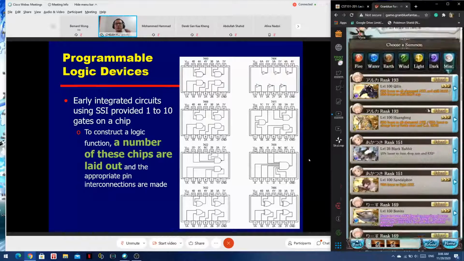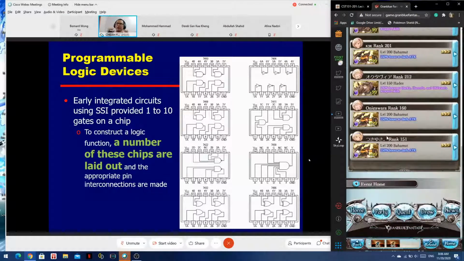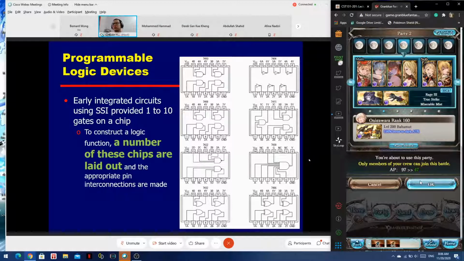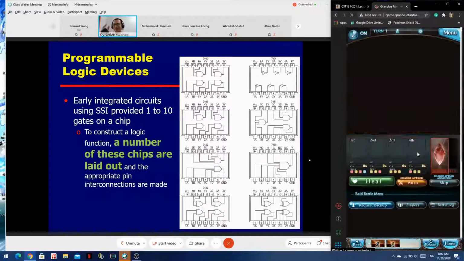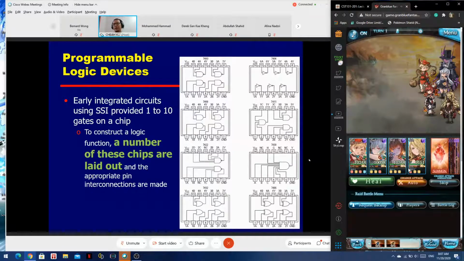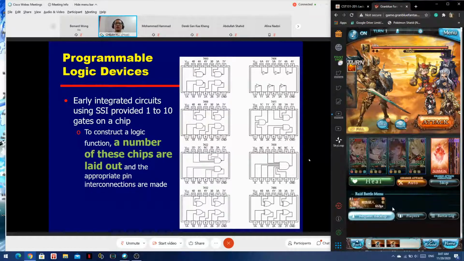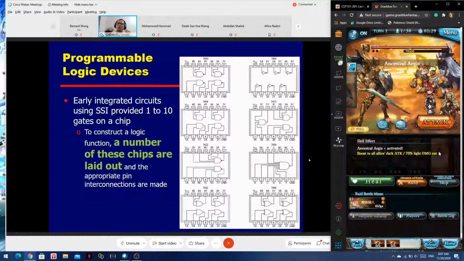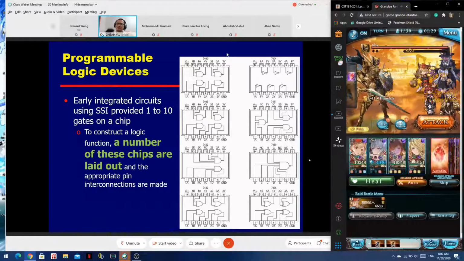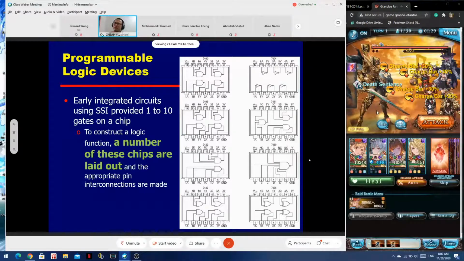And when devices are implemented, they don't just give you one device, like just one AND gate, one OR gate, or one NOT gate, or one NOR gate. Manufacturers produce a number of chips on each of these devices. Some of these are actually pretty standard.